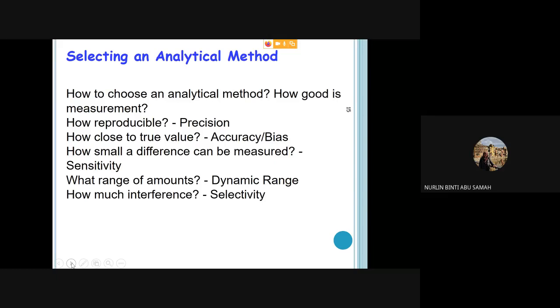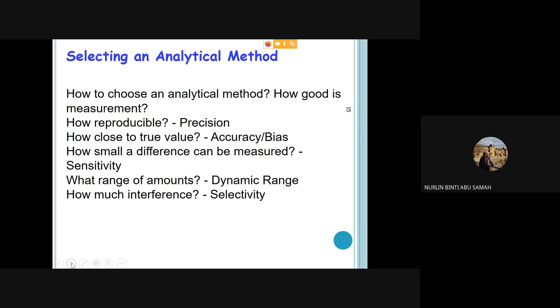You can see also here how reproducible, the precision. How close to the true value, this is the accuracy. I hope that you can still remember the definition of precision and accuracy. Next, how small a difference can be measured. If the instrument can detect a very small amount of your analytes, we can say that the instrument is very sensitive towards your analytes.